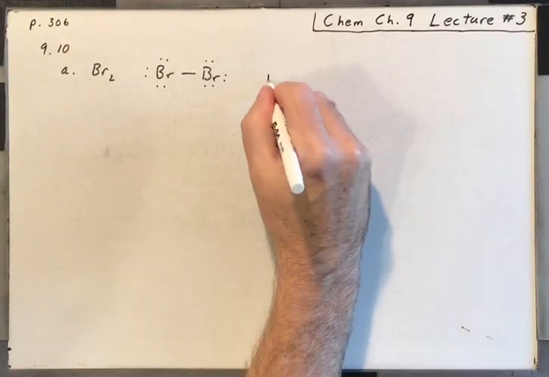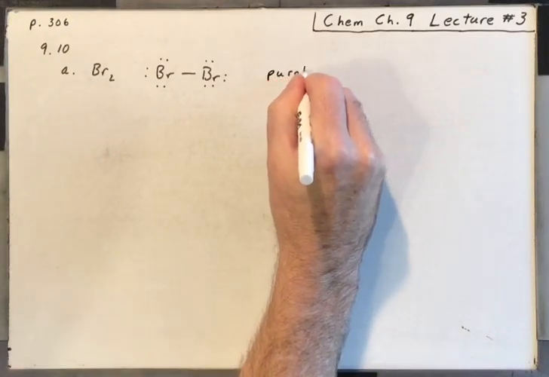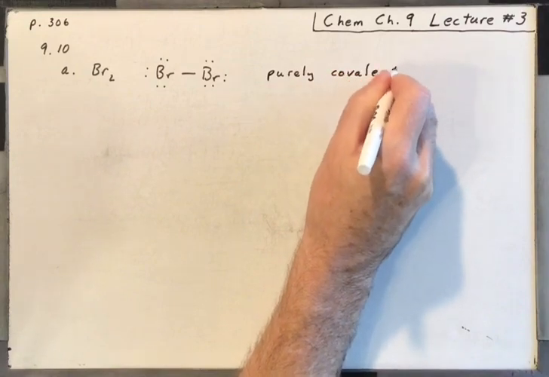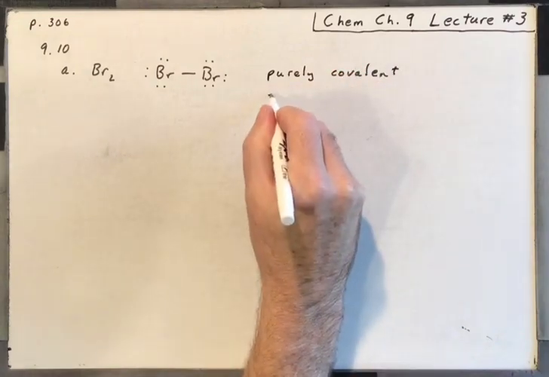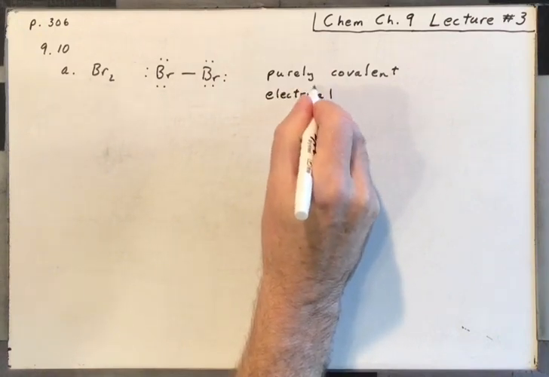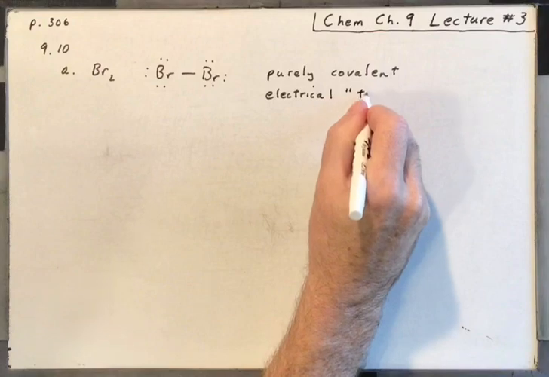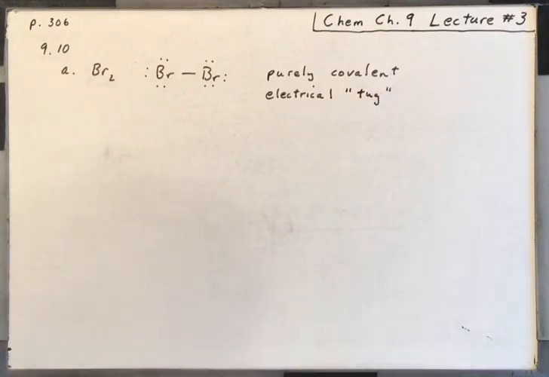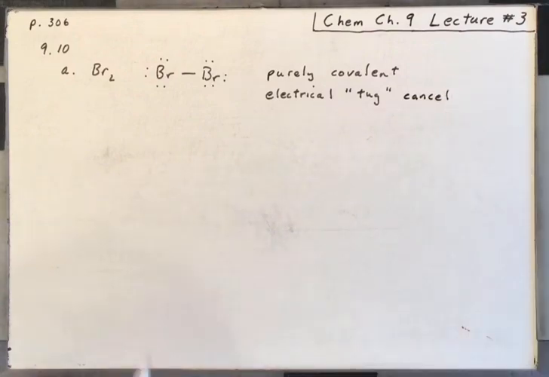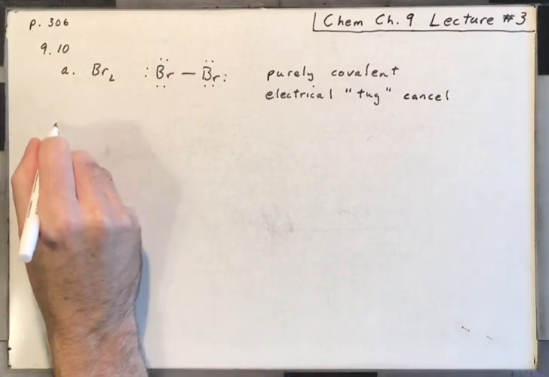So this would be purely covalent. All right, the electrical, we'll call it a tug, cancels because it's the same atom. It's a tie. The tug of war is a tie.